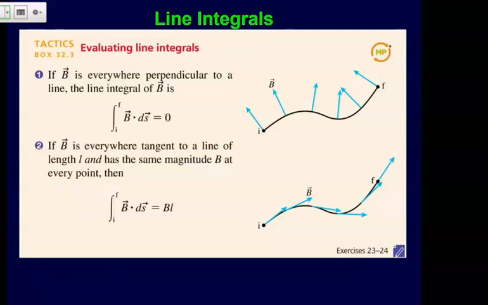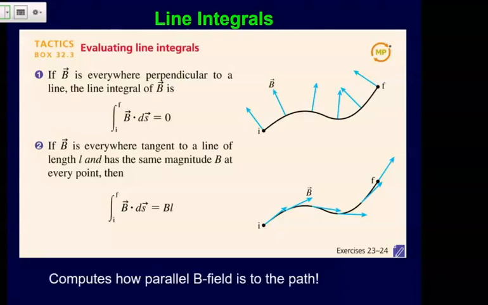So almost all of our cases will boil down to those two situations. What this does is, in a sense, tell you how parallel the magnetic field is to your path. In that first case, it's completely perpendicular, so it's 0. And in the second case, it's completely parallel. So it gives you a sense of that.